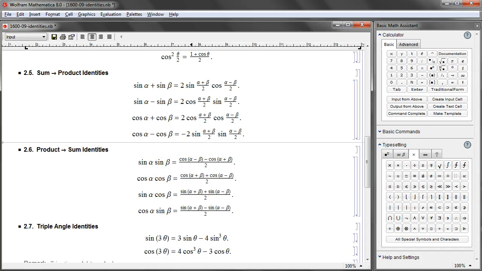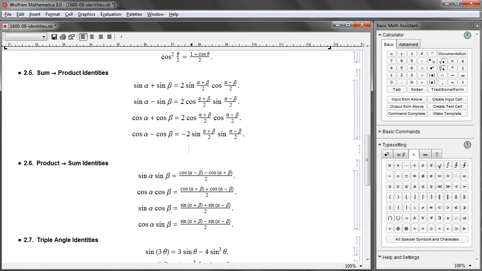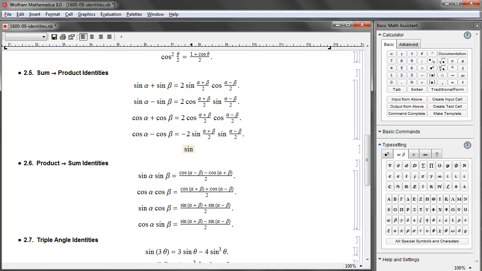Now, one more comment, please. What if we have two different functions? For example, what if we have to do something like this? Well, the method is not unique, but one way to handle it is through this.